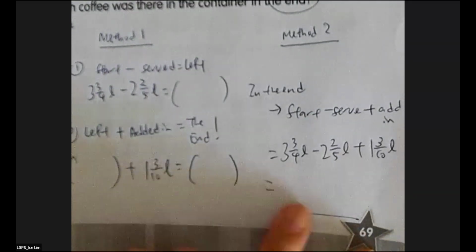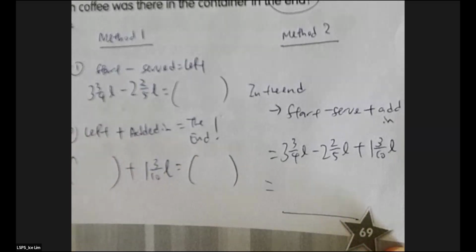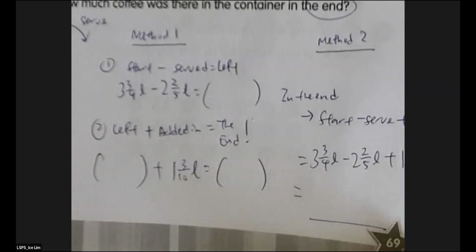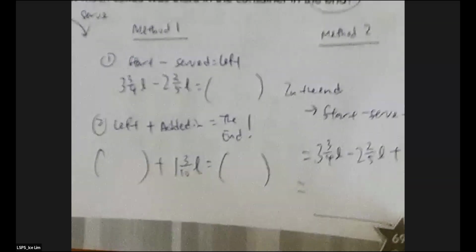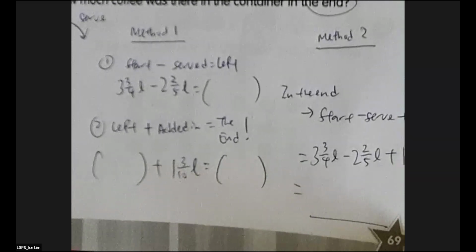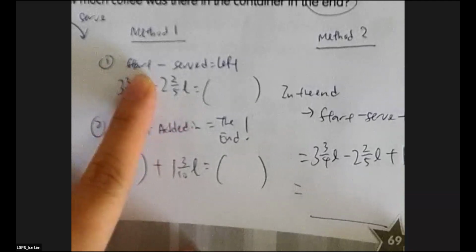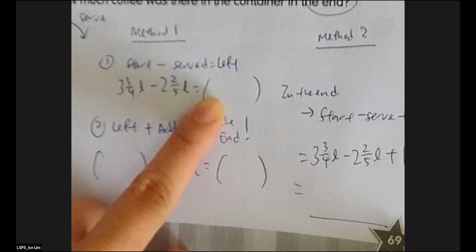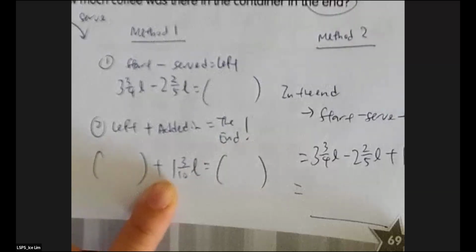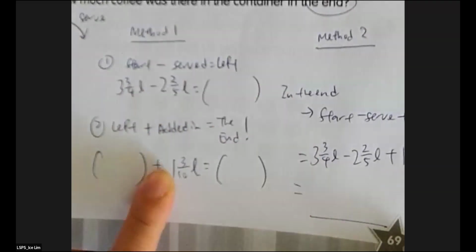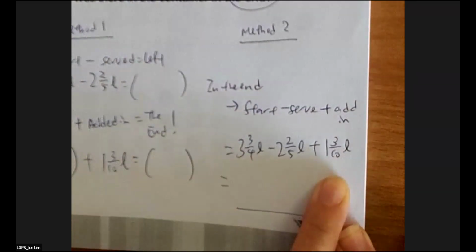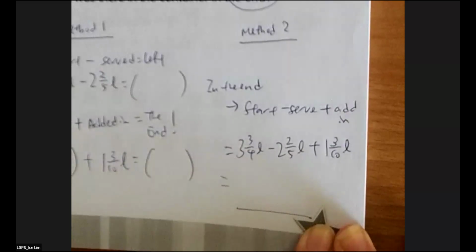Now, if you look at these two, there are 2 steps here. This is step 1, method 1 mark. This is step 2, method 1 mark. Then final answer 1 mark. So this is 3 marks in all. Whereas this one is 2 method marks in one equation, and the answer is 1 mark.